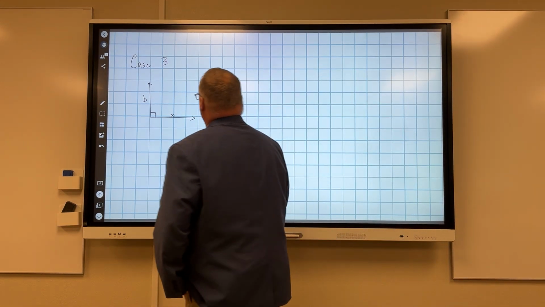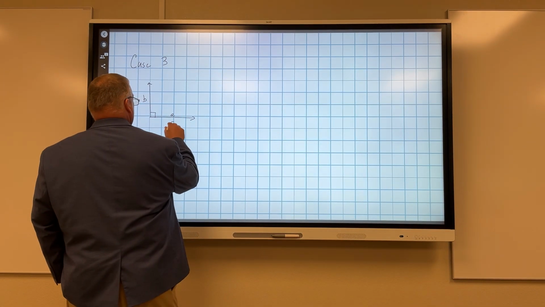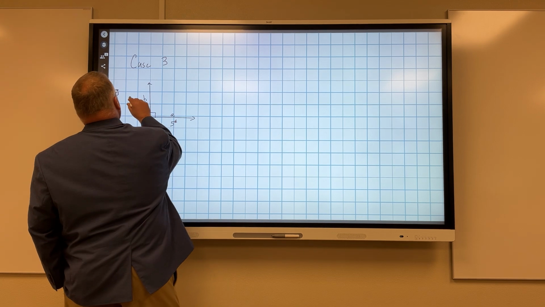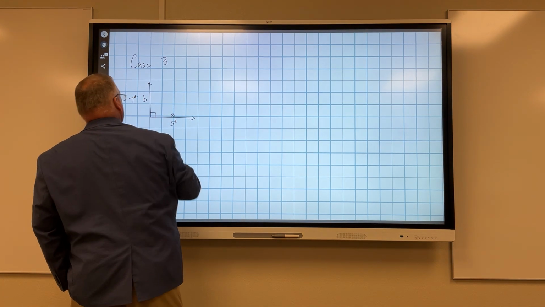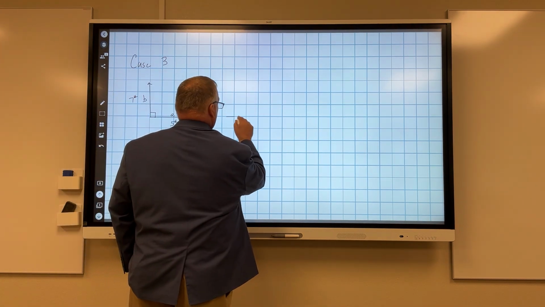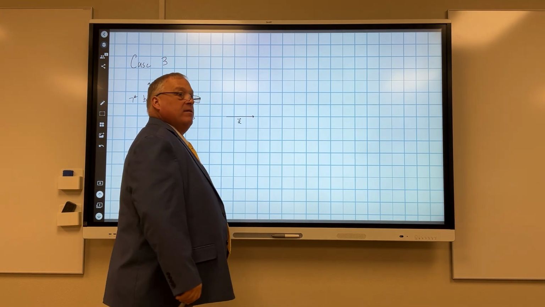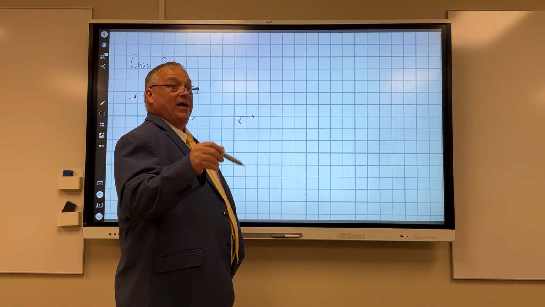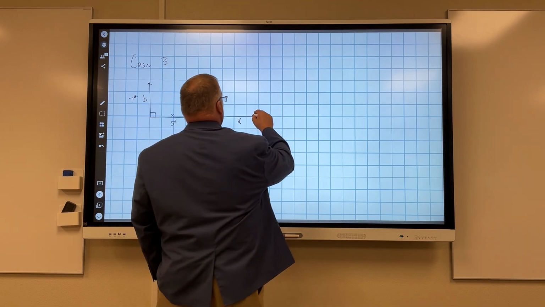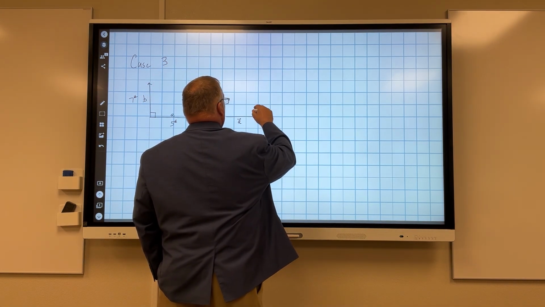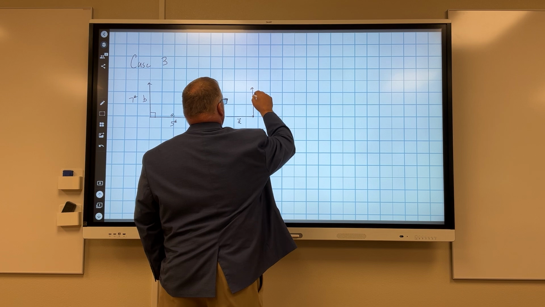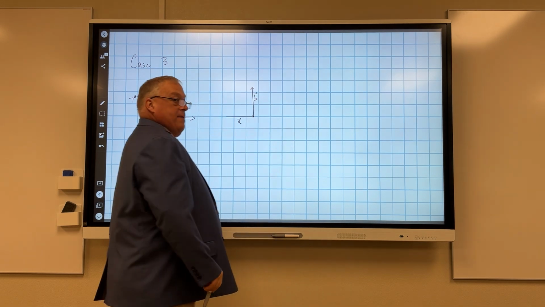Okay, so we take, remember vector A was 5 pounds, vector B was 7 pounds, so we draw vector A. And then at the head of vector A, the point, we put vector B. Okay?